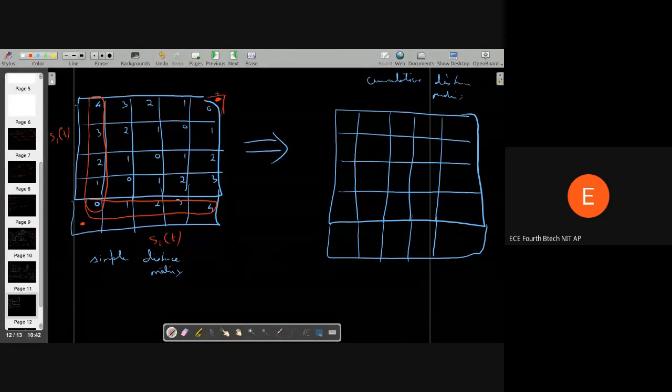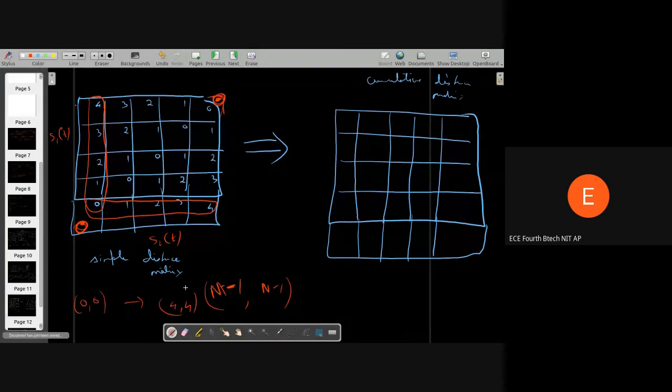So these are fixed. You have to traverse from 0 0 to whatever is the m minus 1 comma n minus 1. In our case the number of samples is the same, so we'll say 4 4. From 0 0 to 4 4 we have to reach. This is fixed. Your path has to start from 0 0 and end at 4 4.